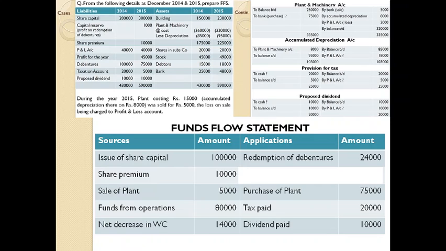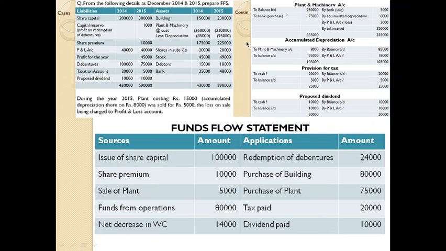Next, on the assets and liabilities side, there are no other items. On the asset side, you can see buildings: there is a difference, and we haven't prepared any account for buildings, so you need to consider the difference in the amount. Here there is an increase in the amount of buildings, so it means during the year some amount was invested in acquiring a building. So it is an application of funds, purchase of building 80,000.